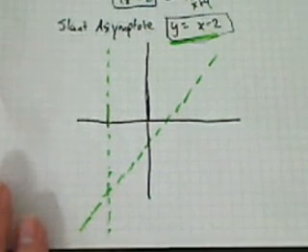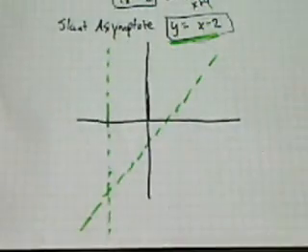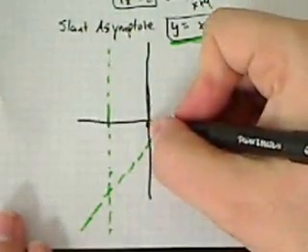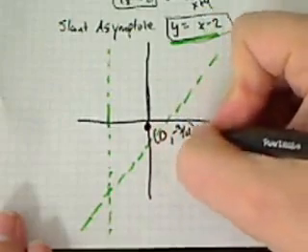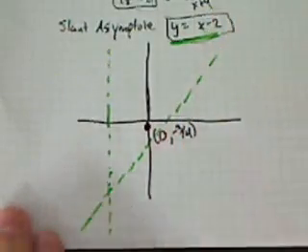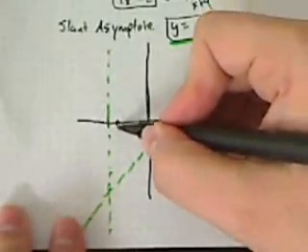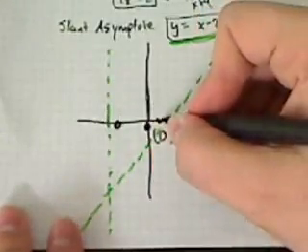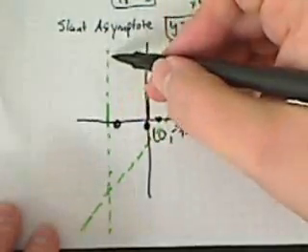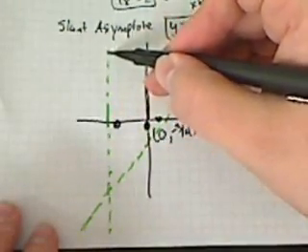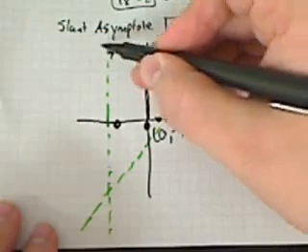Now the next couple of things that I have is I have my y-intercept of 0, -3/4. I have x-intercepts at -3 and +1. So I've already got one spot to the right of my vertical asymptote at -4.